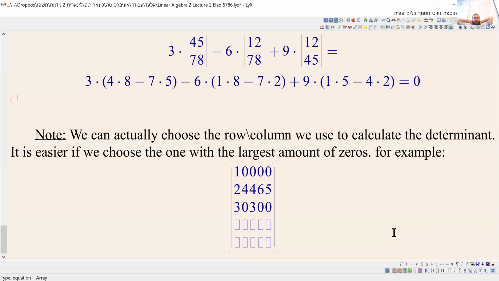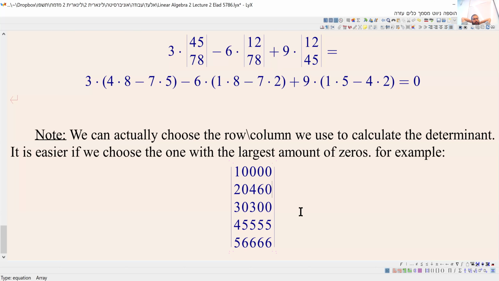And I'm trying to do it in my head so it would be easier. Let me change it a little bit. Let's set 0, 0 over here. I think it's fine, and I think it's enough for what I want to show you.